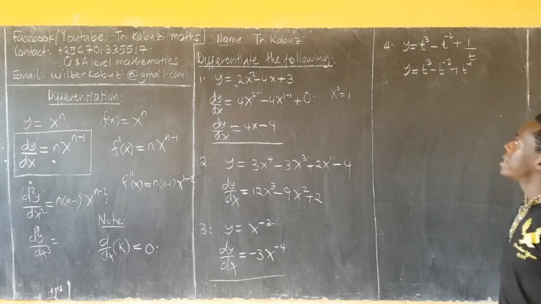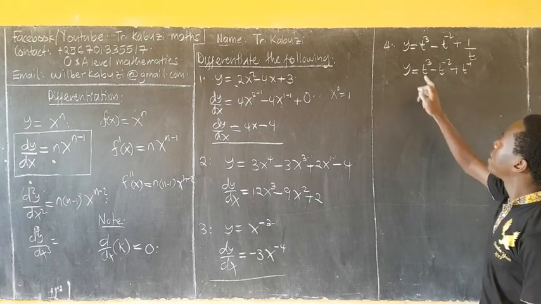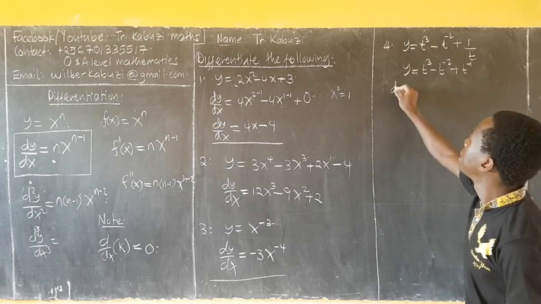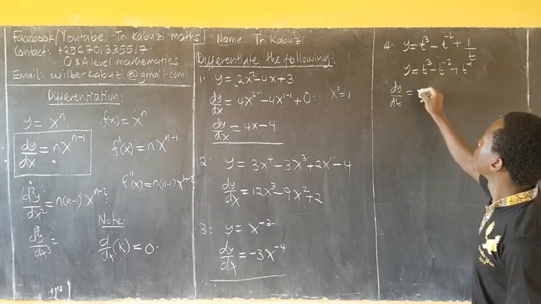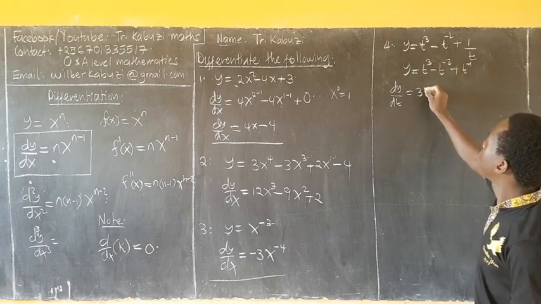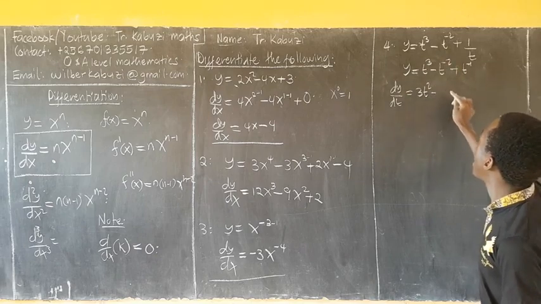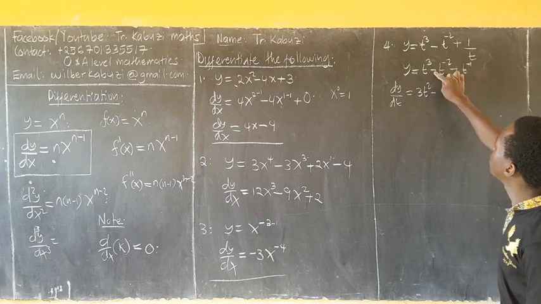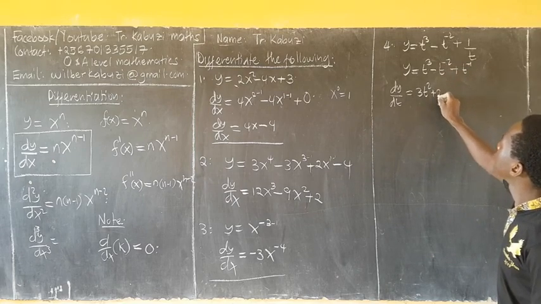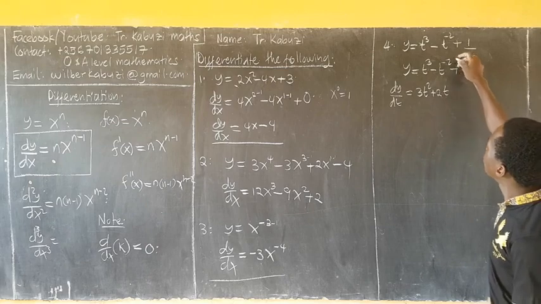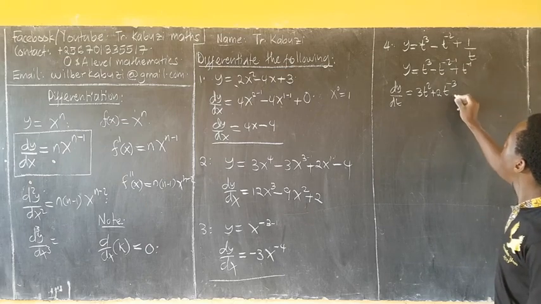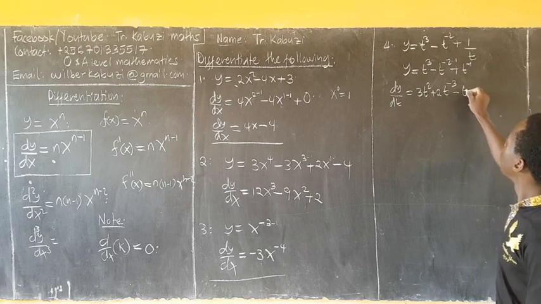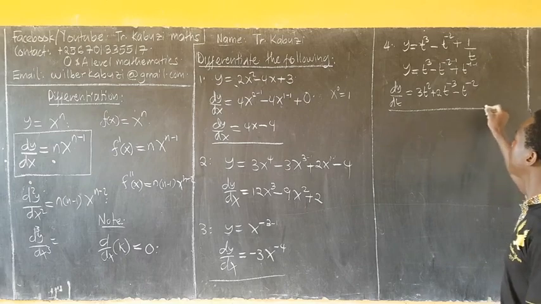Now we can differentiate. So dy/dt equals 3, reduce the power by 1, now it becomes t squared. Then minus, when multiplying, we get plus 2t, and when we reduce the power by 1, we have negative 3. Then this negative multiplies that to get negative 1, and when we reduce the power by 1, you get negative 2. And that's how we differentiate this.